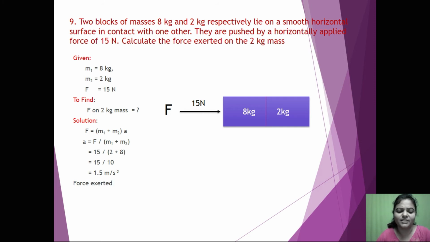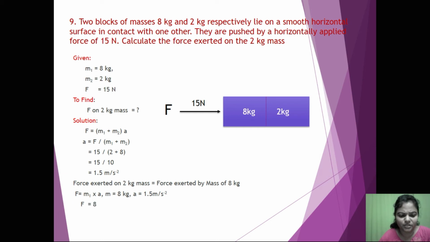So the force exerted on the 2 kg mass, which we have to find, is equal to the force exerted by the 8 kg mass, because the 8 kg object only is exerting a force on the 2 kg object. So F is equal to M1 into A where M1 is equal to 8 kg and A is equal to 1.5 meter per second square.